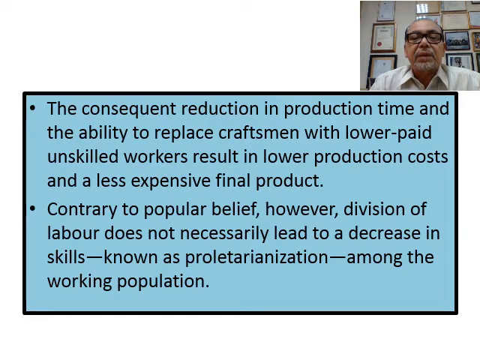Otherwise, the final product can be expensive, and nobody will buy it because another car manufacturer produces the same car at a lower price, because they are better organized, they have better efficiency, so you can't compete with them. So this is the problem happening if you don't organize your operation effectively.